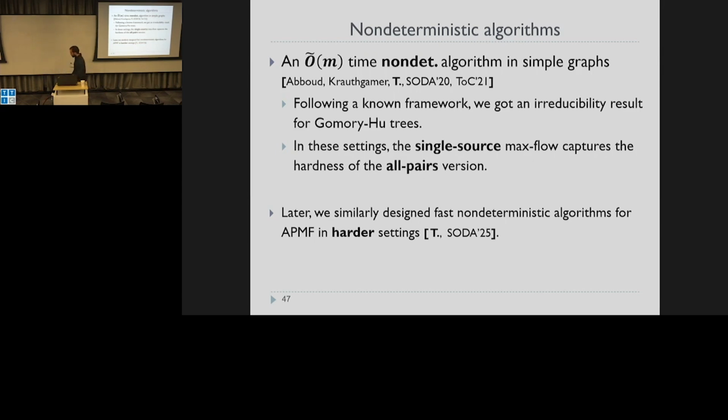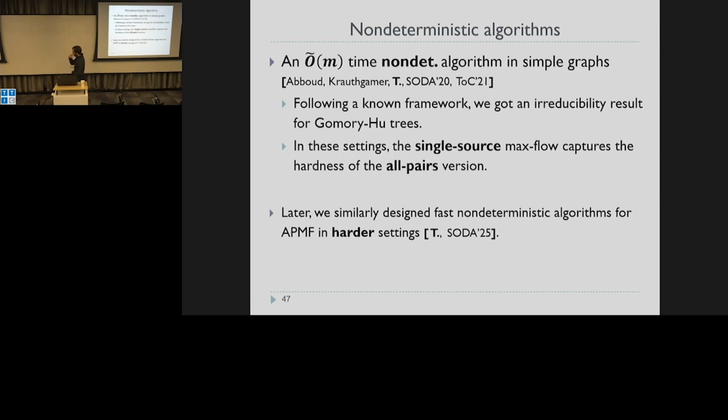So this means that a reduction from ACTH to the construction of Gomory-Hu tree would be unlikely. That's what irreducibility means. It's unlikely to have a reduction. This is a known framework that I'm not going to talk about now, but this is essentially a conclusion of it.